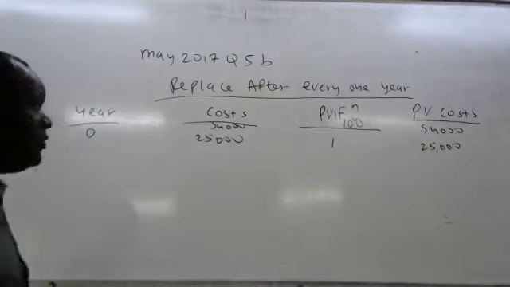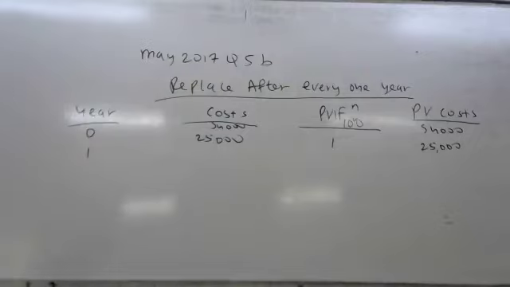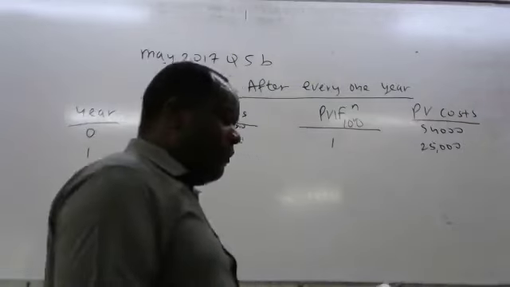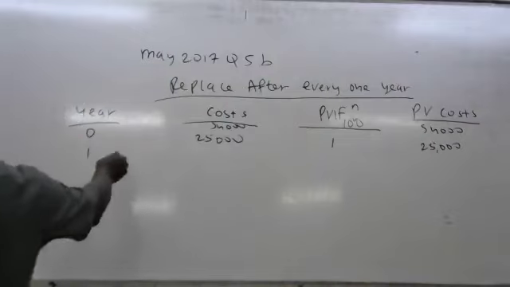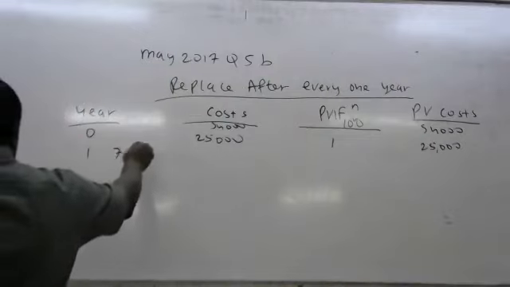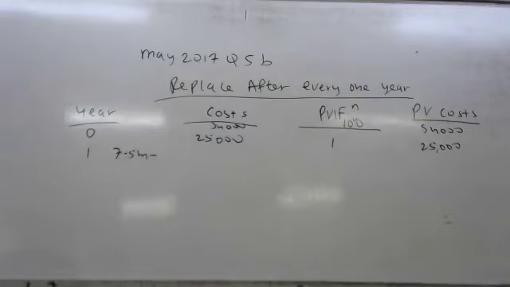So now we go to year 1, because we are replacing it after every 1 year. When you check the maintenance cost for a 1-year-old machine, they gave you 7.5 million. But now you sell, so you can see the resale value.